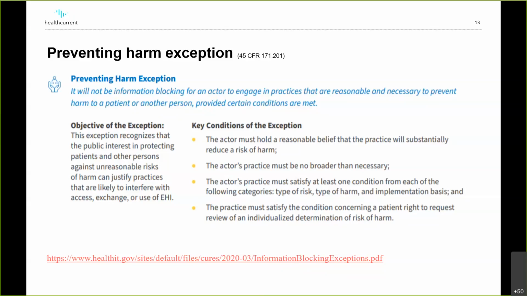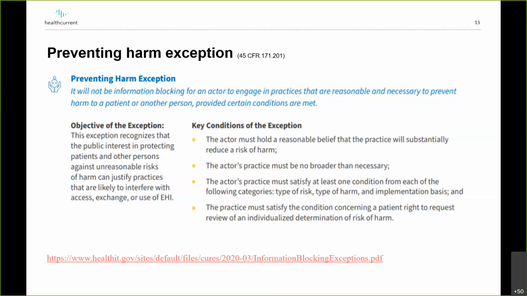And if you're acting with a requisite level of intent, you could potentially be in trouble unless what you're doing is required by law, which means explicitly required by law, or you fall within one of these 8 regulatory exceptions. And I kind of refer to them as safe harbors.